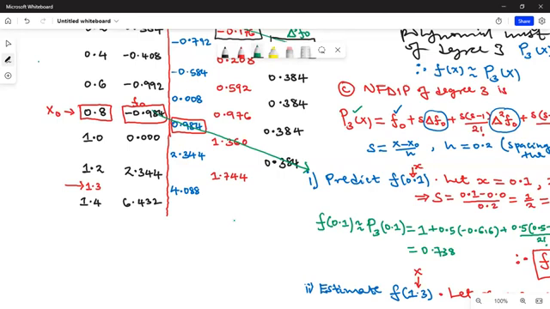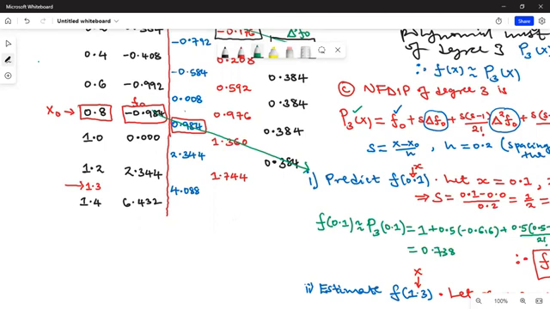Somebody might ask, why didn't we pick 1.2 or even 1.0? When you pick 1.2 as your x naught, that will only give you up to the first order column. The second order column is not there for this value of x naught, and also the third order column is not available for that value of x naught. And I said when you pick x naught, you must be able to read all the way from the first order, second order, third order differences.